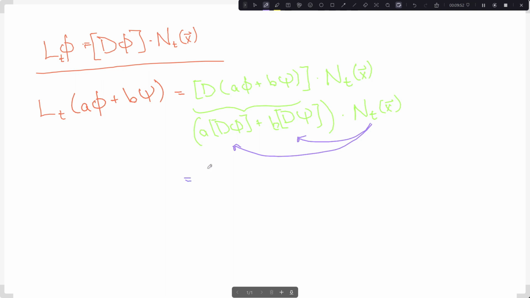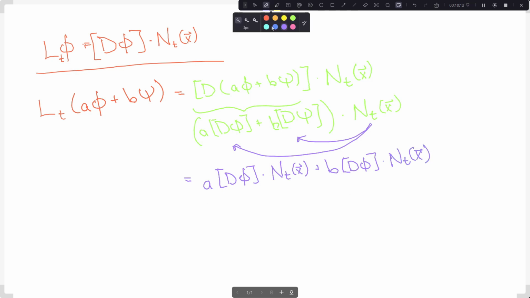And so we end up with equals a d phi dot n t on x plus b d psi dot n t on x. And this is exactly by definition of L, a L phi plus b L psi. That should have been psi right here.